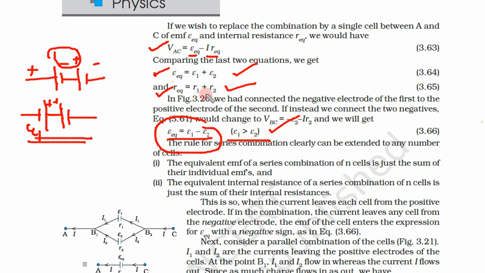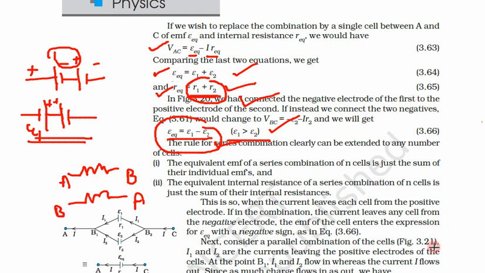Now what about the resistance? Will the resistance change? No. Whether you take resistance from A to B or you take resistance from B to A, resistance will remain the same. So equivalent resistance will always be R1 plus R2. Only thing is the equivalent EMF will change.